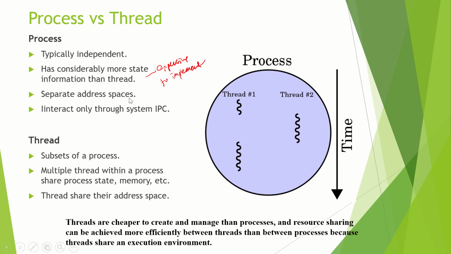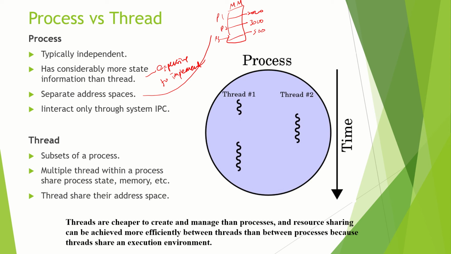So if you have a main memory, process 1 is allocated memory, let's say 2000, process 2 is allocated 3000, and process 3 is allocated, let's say, 5000.